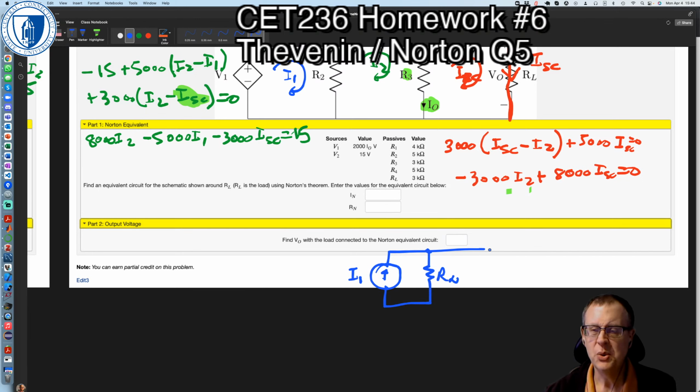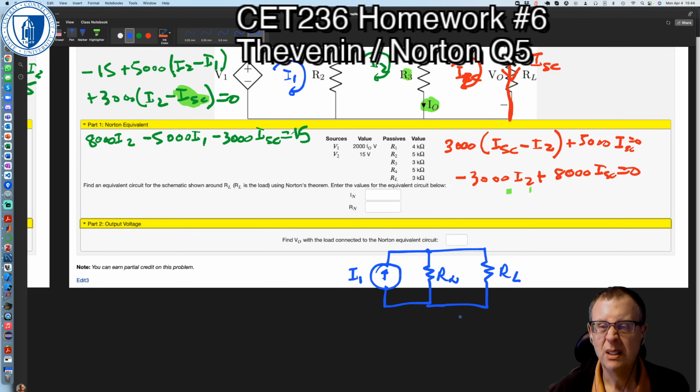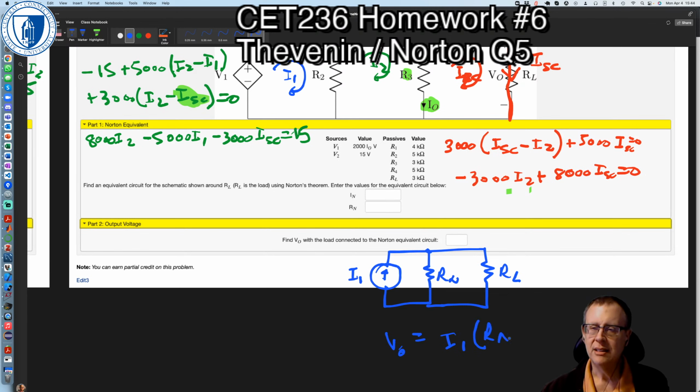Now we've got our load resistor, right, which is just that. So the voltage output is just going to be the current times Rn in parallel with the load resistor. Okay, because the equivalent resistance of Rn in parallel with the load resistor is just that.